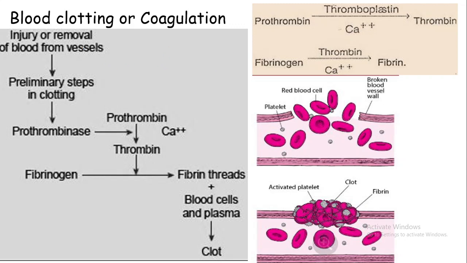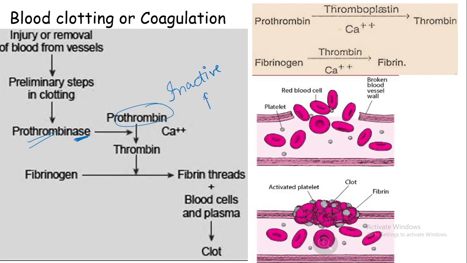When there is an injury or removal of blood from vessels, wherever there is a small injury, primarily the steps of clotting start, where the first to get activated is prothrombokinase. This is an enzyme. It ends with ASE. So the prothrombokinase enzyme is going to act on prothrombin, which is an inactive protein. What is this?